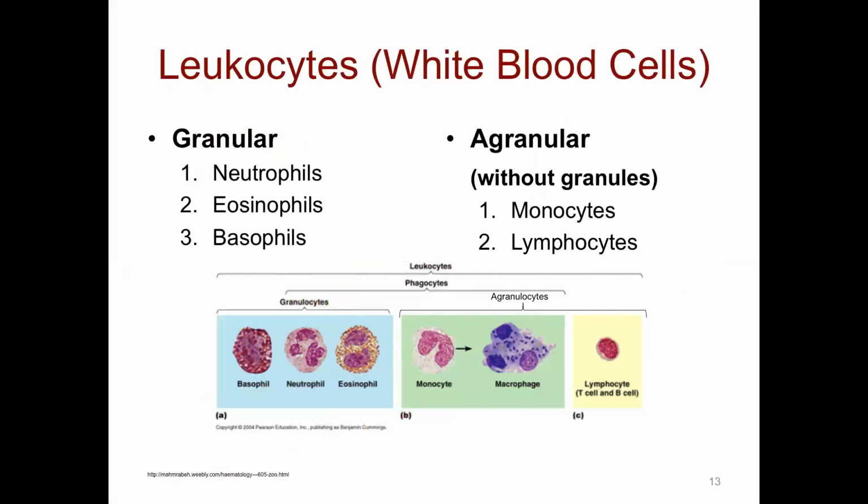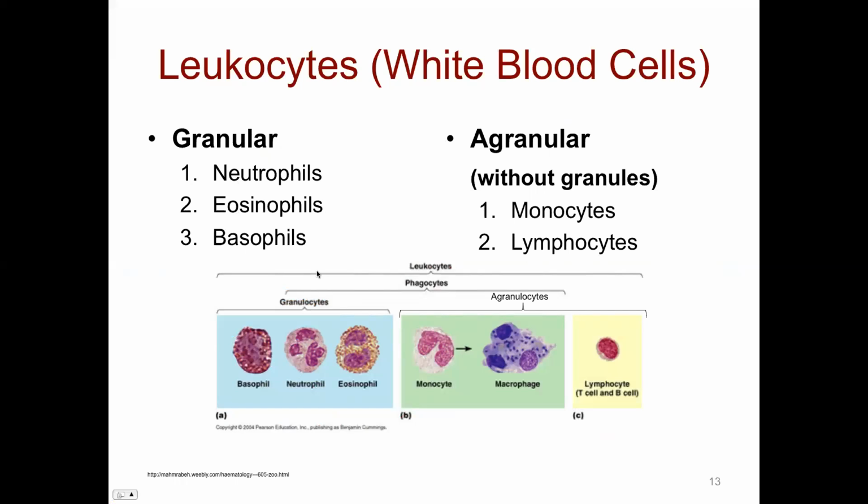We have the granular ones, meaning that they have granules, and then the agranular ones, meaning they don't have granules, or at least not granules you can see. Within the granular ones, we have the neutrophils, the eosinophils, and the basophils. And the agranular ones, we have monocytes and lymphocytes, okay? But remember, all 5 are leukocytes, or white blood cells.